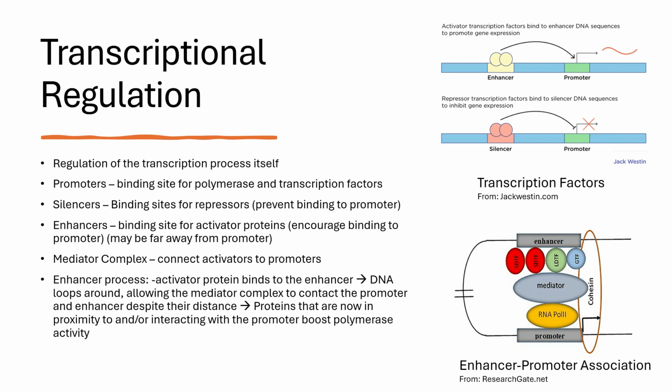Basically, the DNA loops around, so the enhancer and the promoter are now quite a bit closer to each other, and so they can be bridged by that mediator, which allows it to activate. And the proteins that are now in proximity to and interacting with the promoter then boost polymerase activity, again leading to RNA polymerase to come in, attach to the promoter, and start making the mRNA that we want.